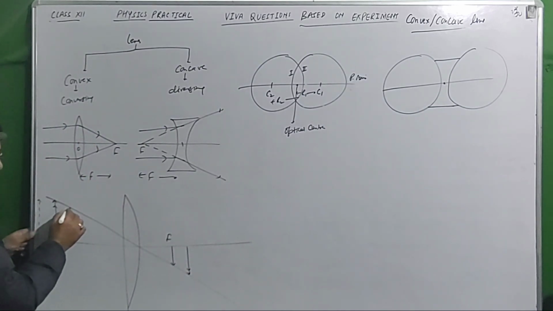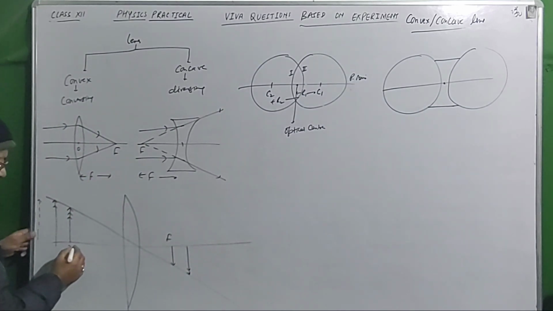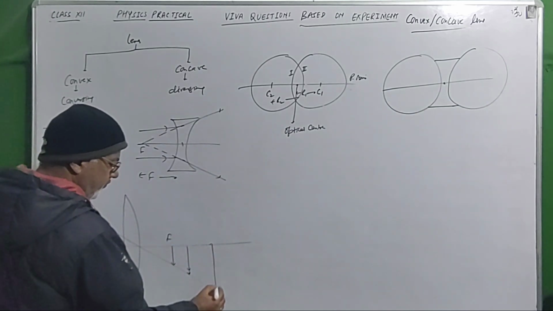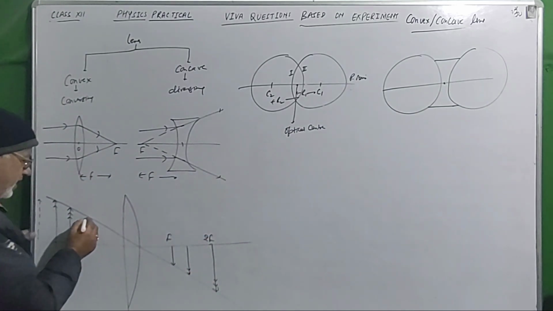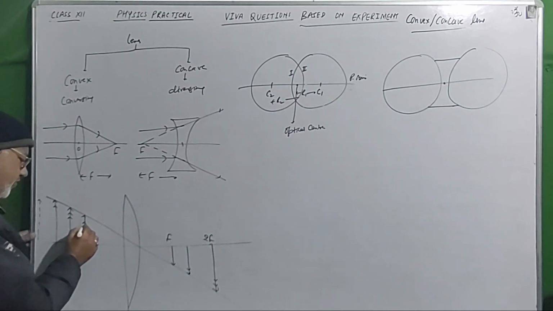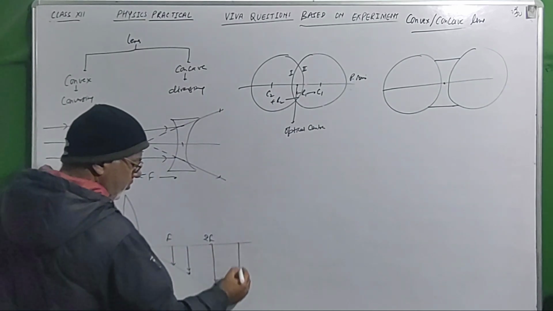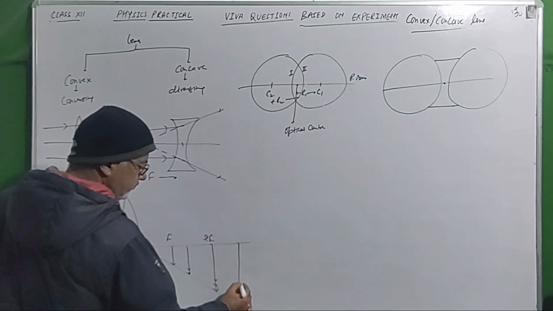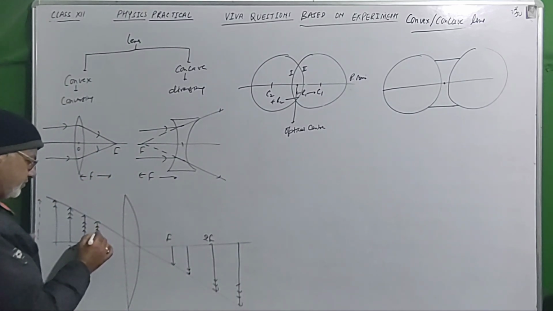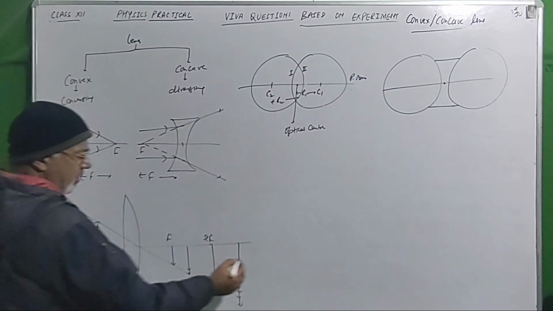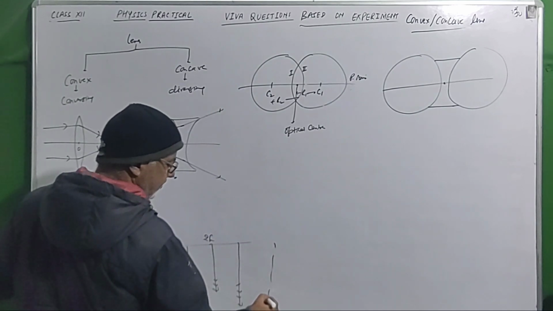If the object is at 2f, the image is formed at 2f. If the object is between f and 2f, the image is formed beyond 2f. If the object is at focus, the image is formed at infinity.